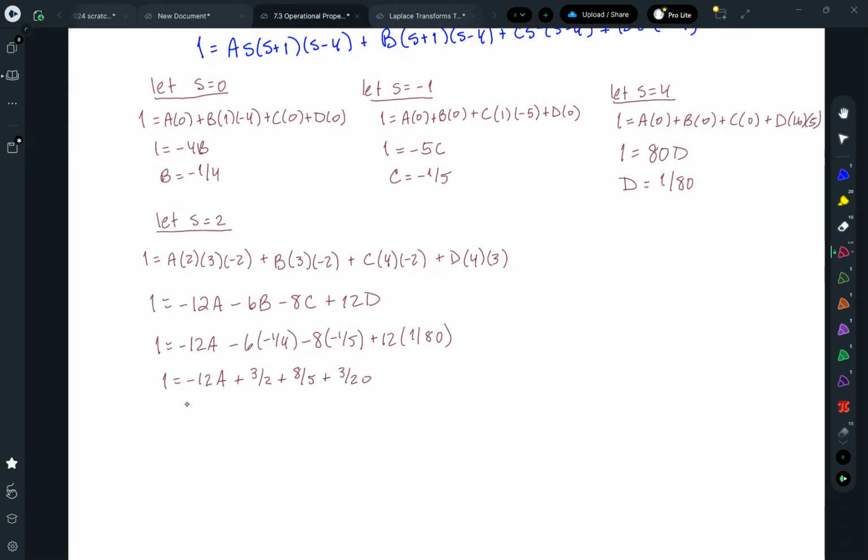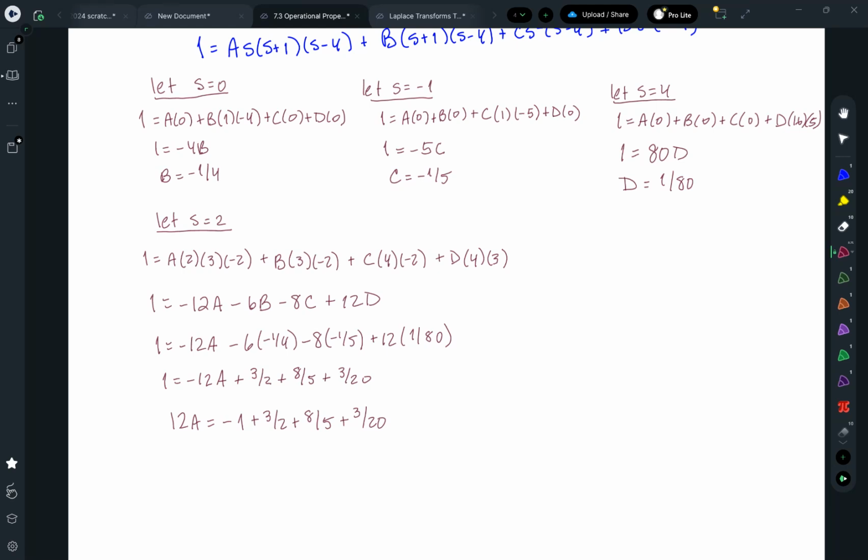Okay, so finally, I'm going to move the 12A to the left-hand side, and subtract the 1. So 12A is -1 plus 3/2 plus 8/5 plus 3 over 20. And then I'm going to get my handy-dandy calculator that can simplify fractions. It's just a simple TI-30XS.